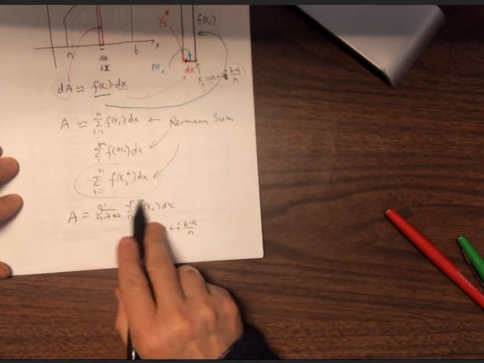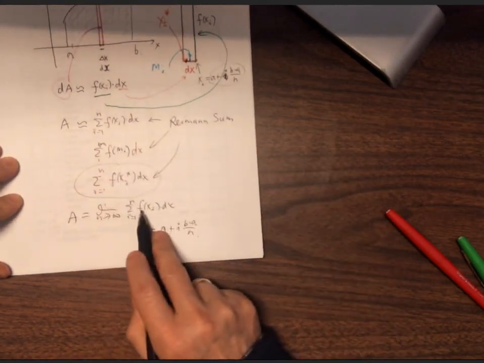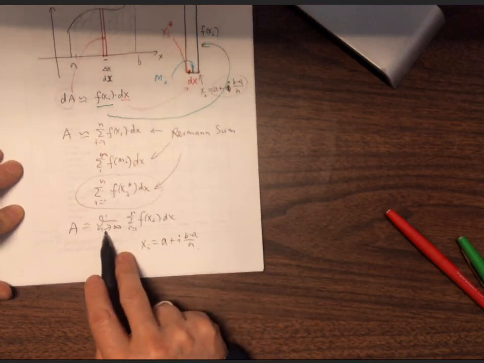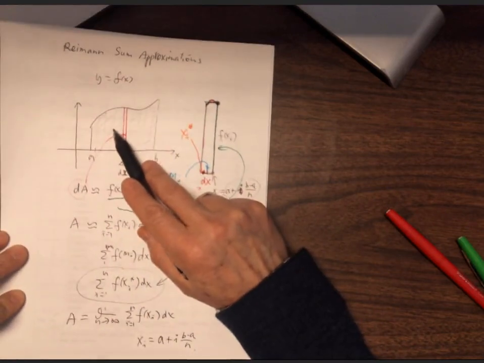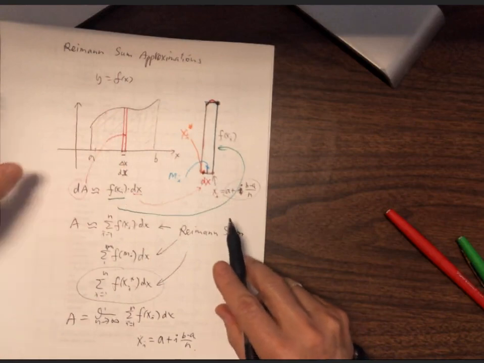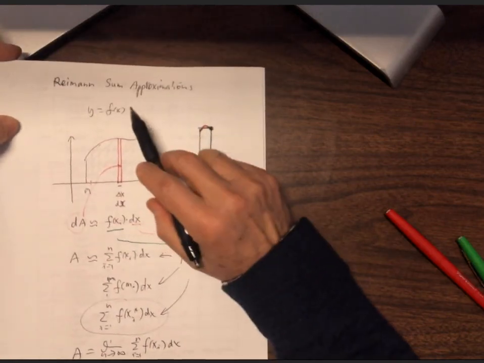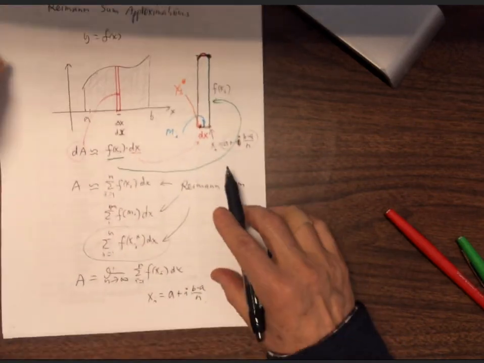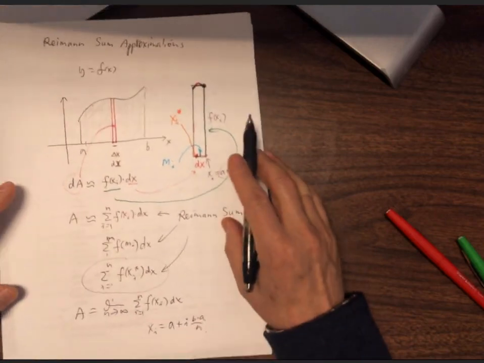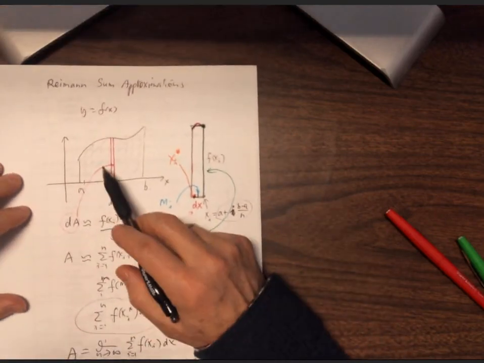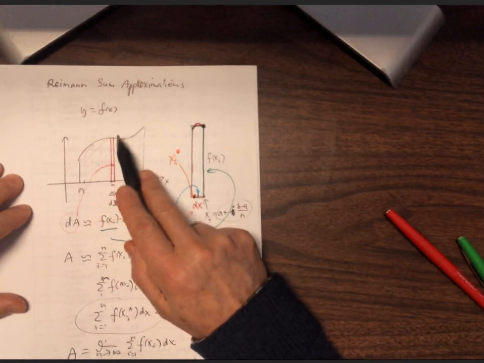So the limit of any of this Riemann sum will become the exact area of the region. So this is how we use Riemann sum to try to calculate the area of the region under a graph of some function.